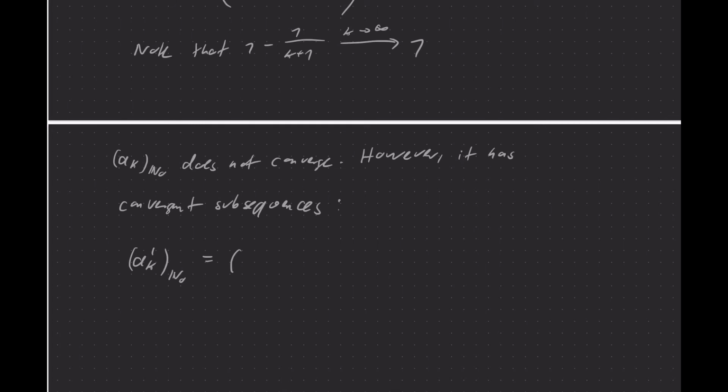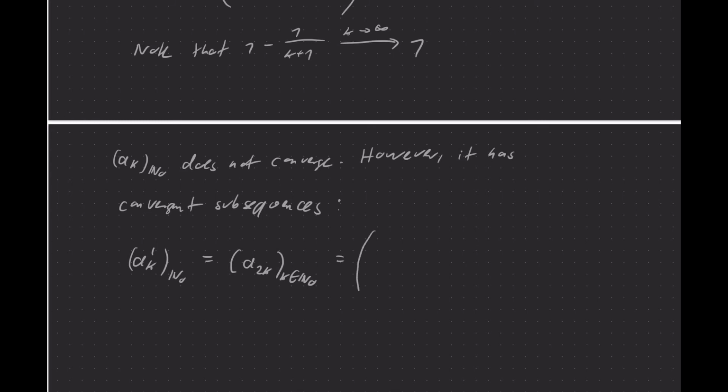We'll simply define this as only taking the even indices, and we'll write this in a very simple way: a_2k, k in N0. So that means we use the original sequence a, and we only take all indices of the form 2k for some k in N0. So only the even indices.